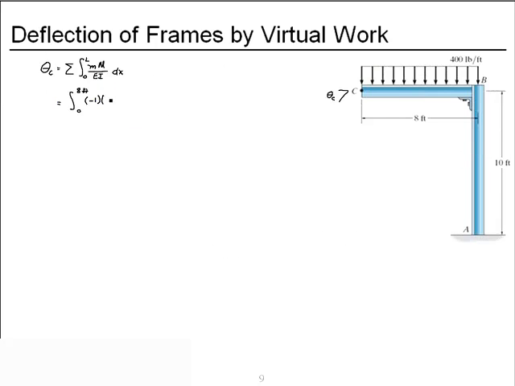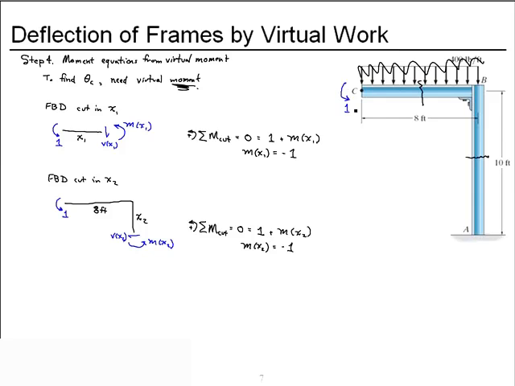So we have the -1, the -0.2 kip per foot x1 squared over EI dx1, to which we add, for member BA, the integral from 0 to 10 feet, our virtual moment, for the case where we applied a virtual couple moment, is -1 in the range of x2 as well.